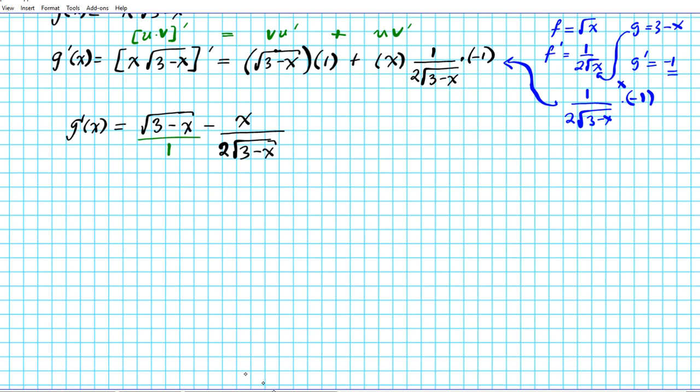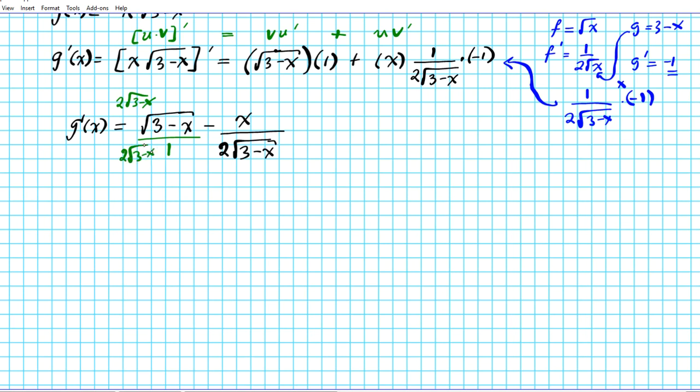So we have to combine them so we can find those results. So put this over 1. We now have to find the LCD of these two denominators. The LCD of 1 and 2 root 3 minus x is 2 root 3 minus x. So in order to make the denominators identical, we'll simply multiply this fraction on the left by 2 root 3 minus x on the top and on the bottom.